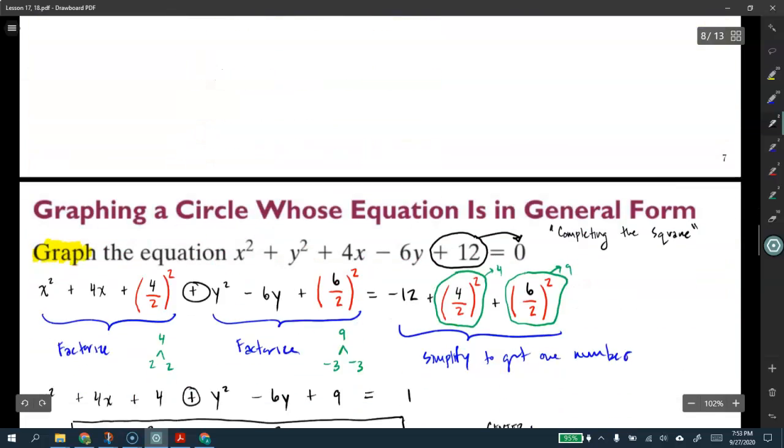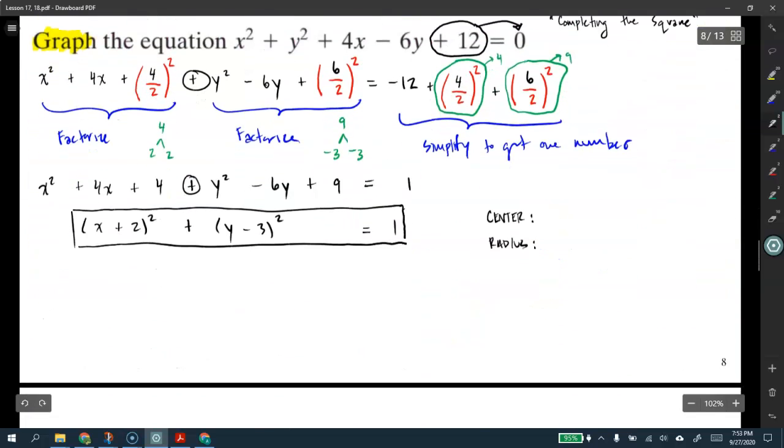And so in doing that, when we do it here, we reverse the signs, and so we end up with the center of negative 2 comma positive 3, and we end up with the radius of the square root of 1, which is basically a 1. So like this, we know the center and the radius of the circle. It's going to be negative 2 comma 3, and the radius is going to be 1.